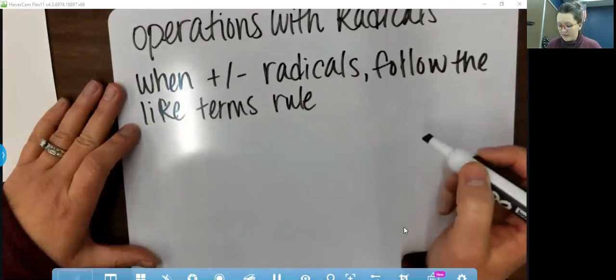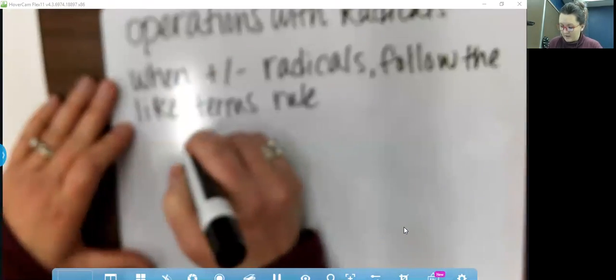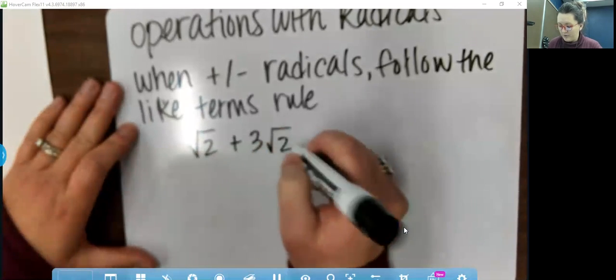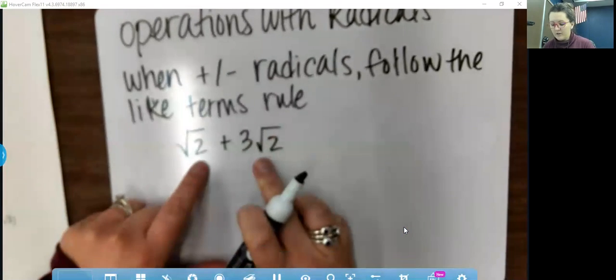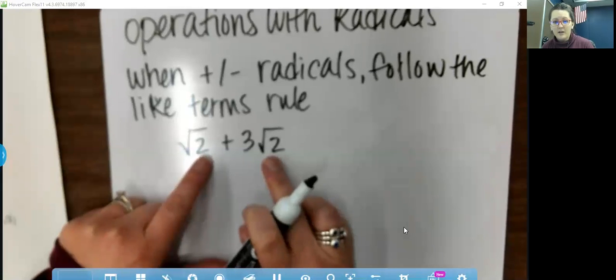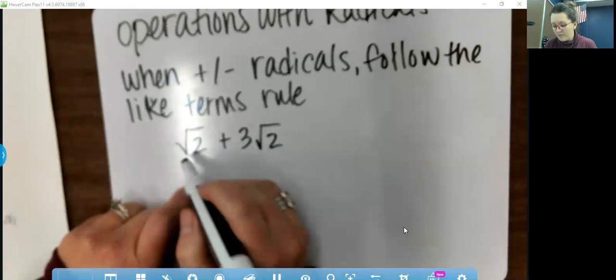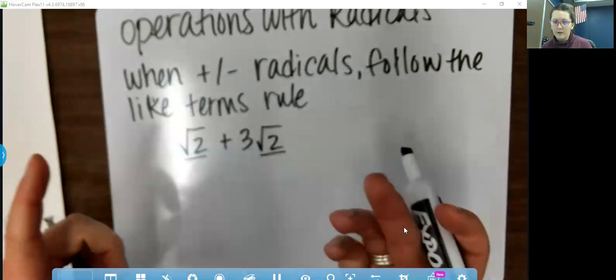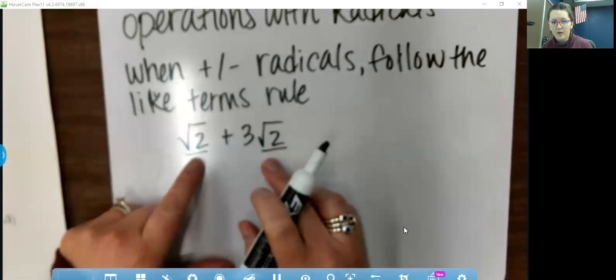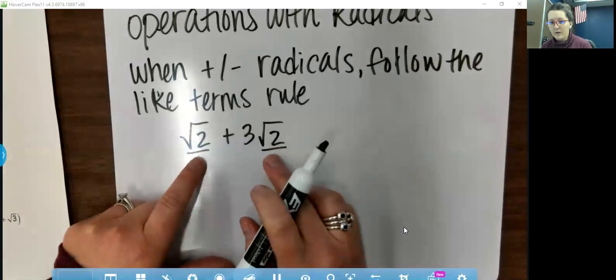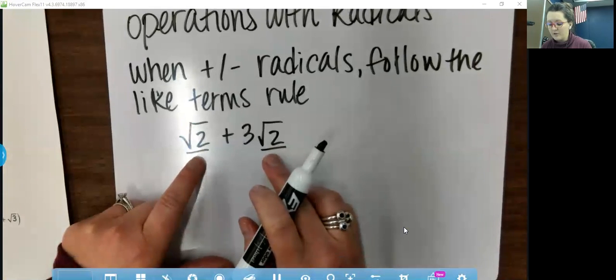For example, if I have root 2 plus 3 root 2, I can go ahead and conduct this operation because I have like terms. So think about your radicals as like terms. We'll call them like radicals, which is the vocabulary that we reviewed last class. But we can go ahead and follow this operation.